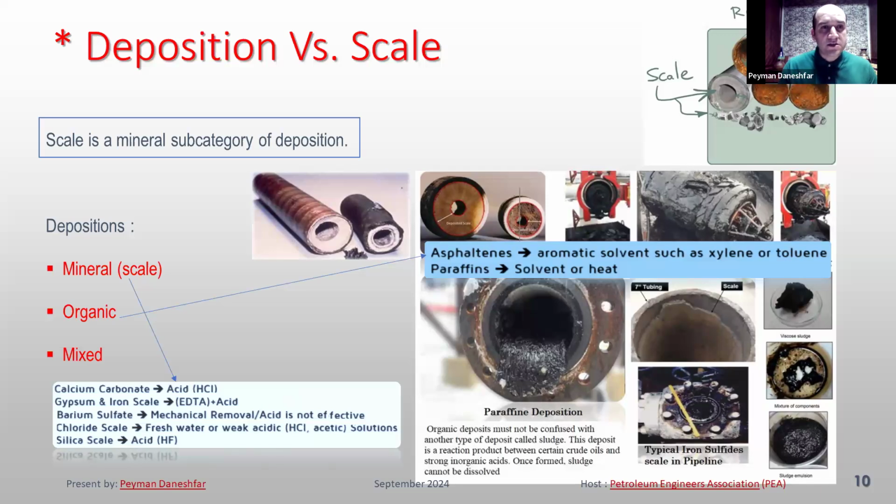Here you can see some organic scales that give us a headache, such as asphaltene or paraffin. You should know the difference between asphaltene and paraffin and what the medicine is to cure these diseases or illnesses. For asphaltene, we can use an aromatic solvent such as xylene or toluene, and I think you can also add some mutual solvent or some surfactant to this one.